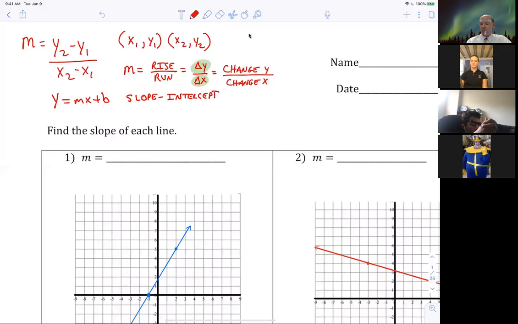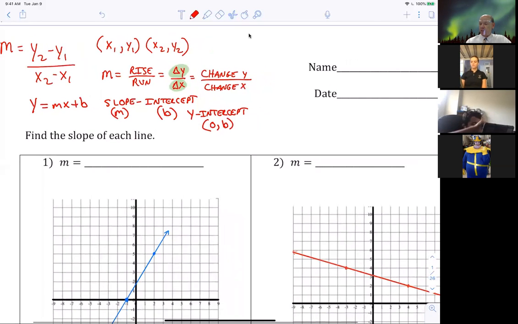And why is it called the slope intercept? Because m is the slope, and b is the y-intercept. And remember, the y-intercept is just (0, b).